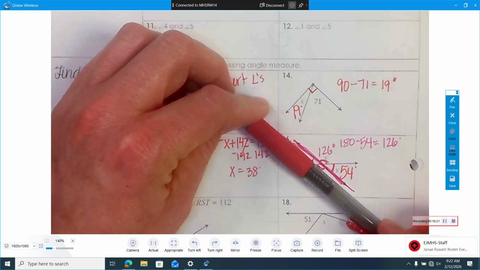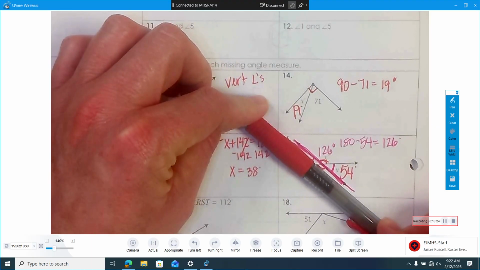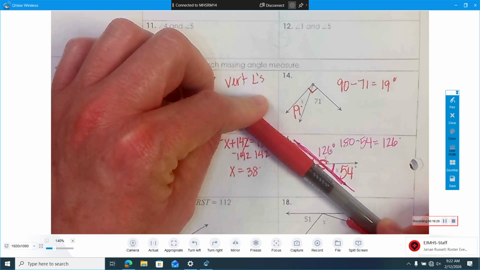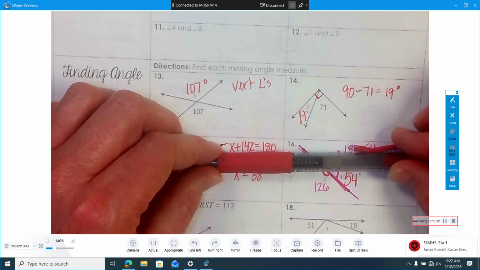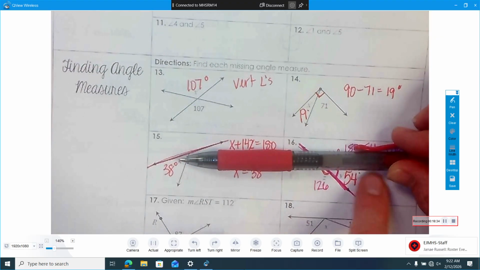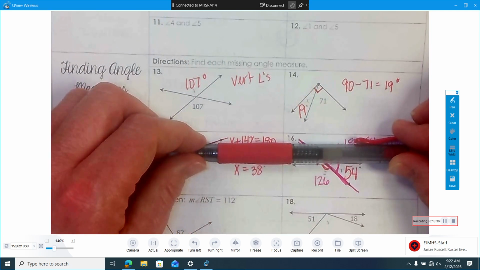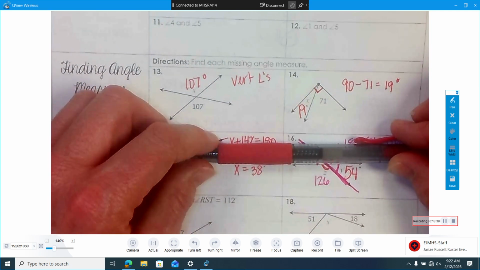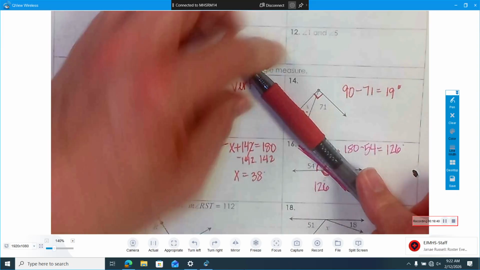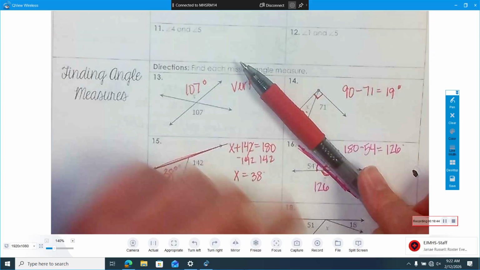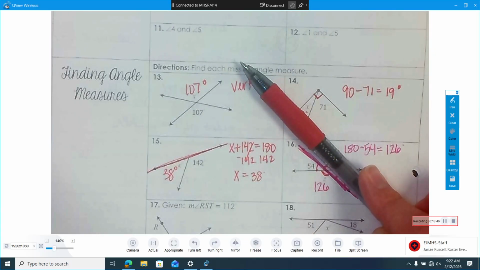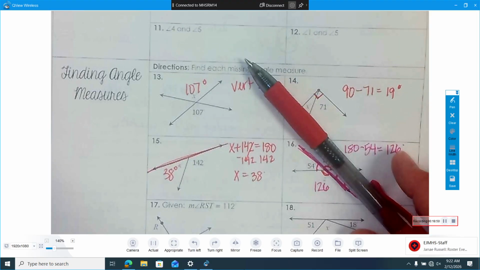Anytime they land on a nice little straight line, they would add to be 180 degrees. Even these here, 54 and 126, fall on a straight line, so they add to be 180 degrees. And here we have this line, so 126 and 54 also is going to be 180. Anytime you see that straight line, it will add up to be 180 degrees. Okay.